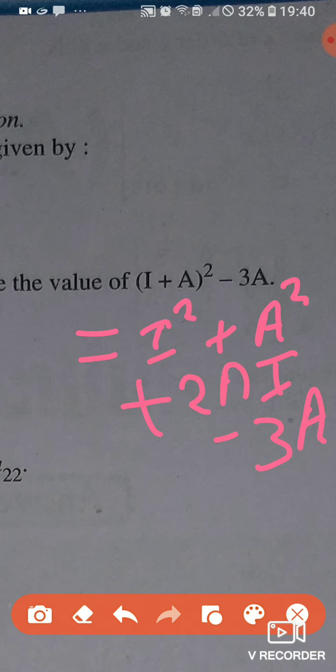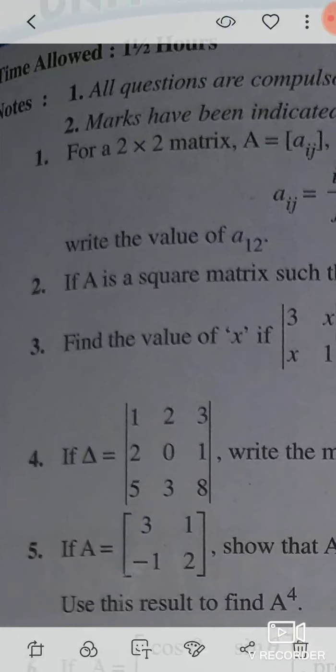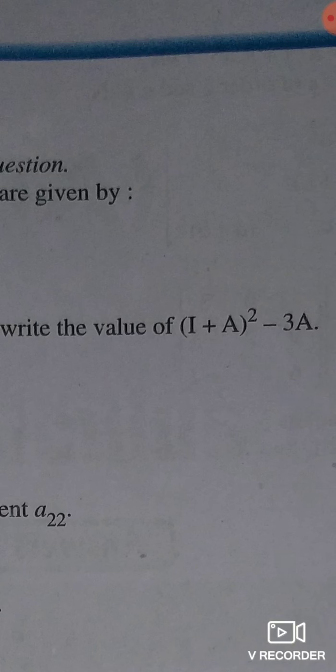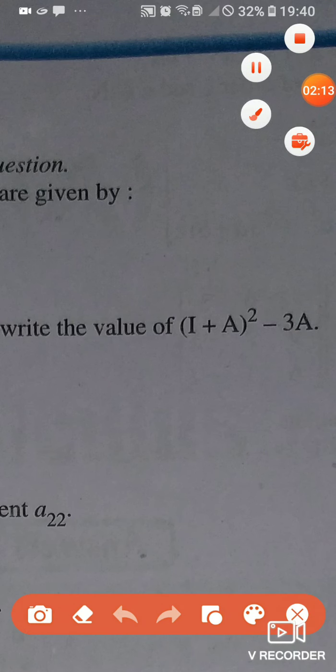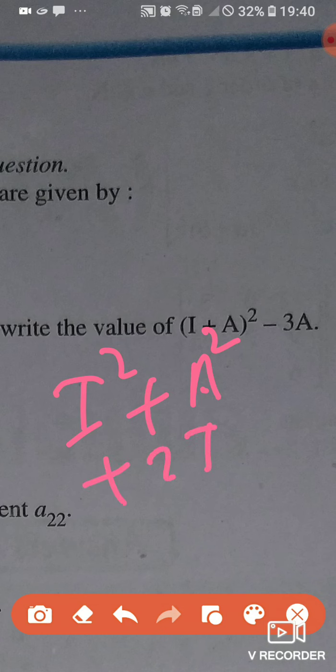Since A square equal to A is given, you will write I square plus A square plus 2IA minus 3A.